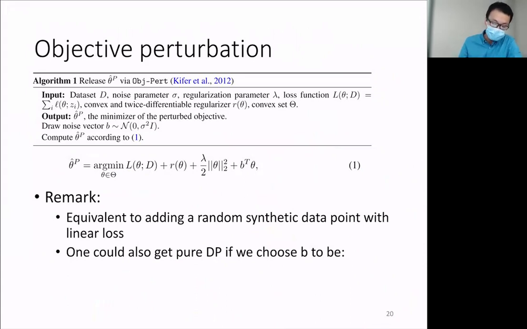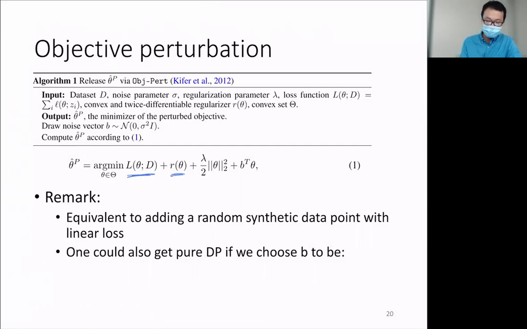So here's how objective perturbation works. I'm talking about the epsilon delta version of the objective perturbation algorithm. L is the sum of your loss function on this data set D, and R is some twice differentiable regularization. For today, you can assume this R is just 0, and don't worry about it.